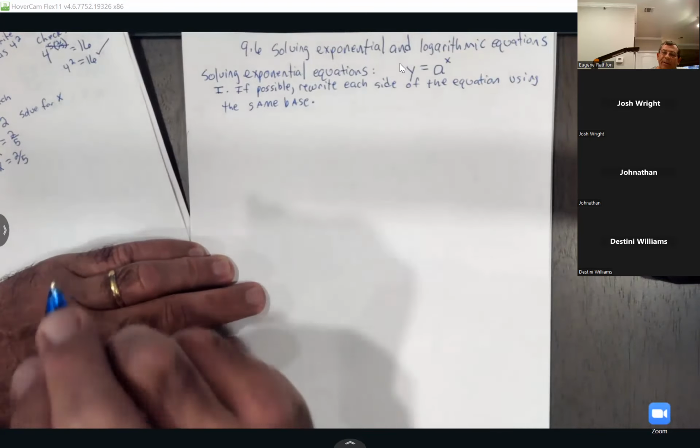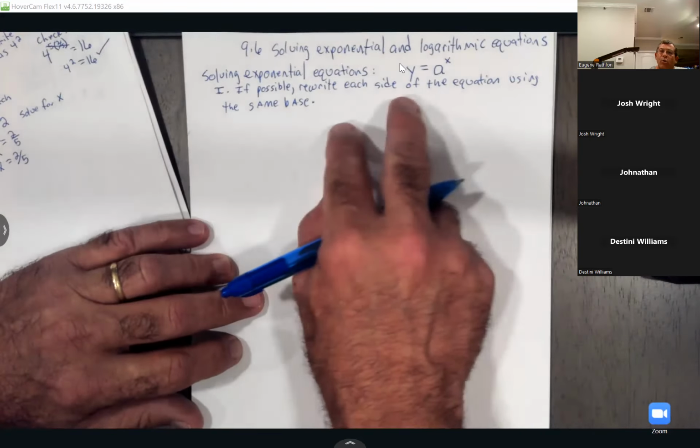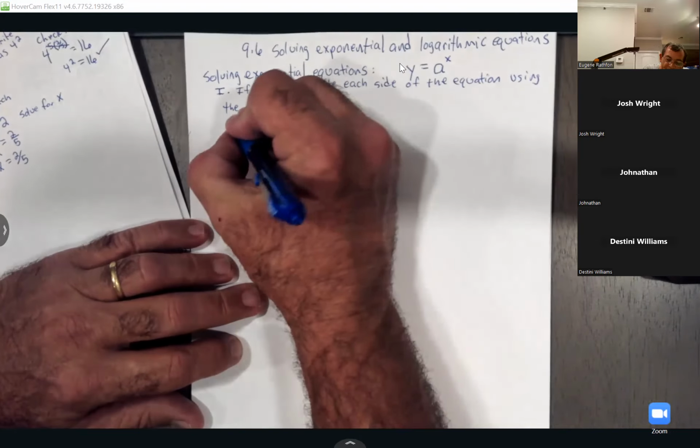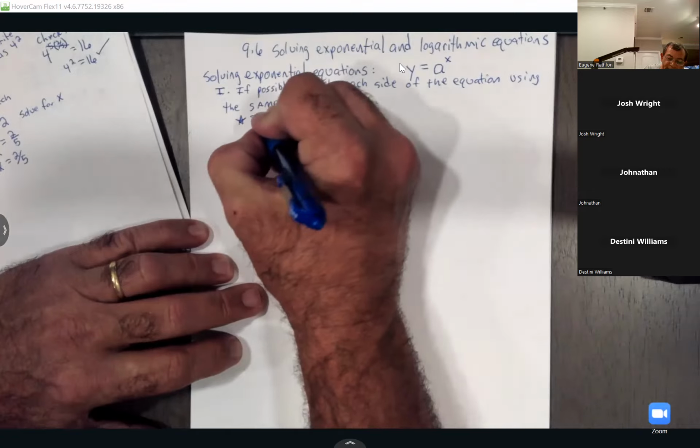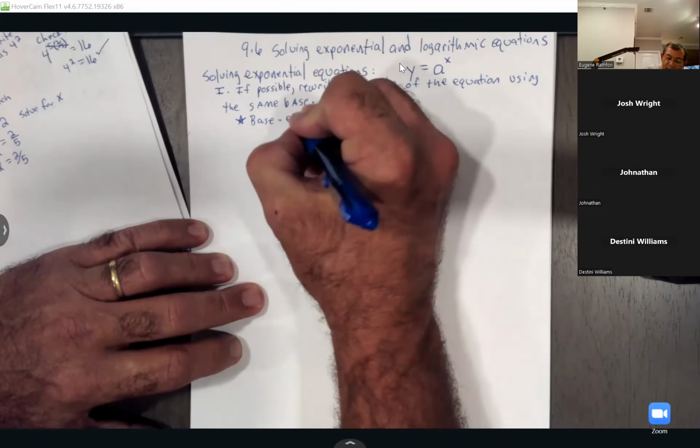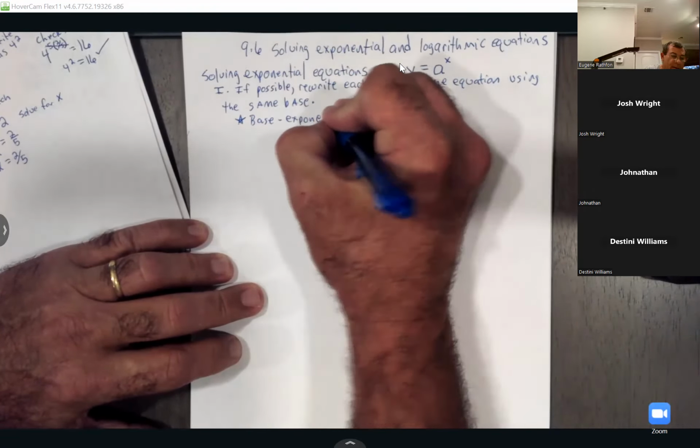Y'all, because what happens if I can rewrite each side of the equation using the same base, then I can come in and invoke what we call the base exponent property.